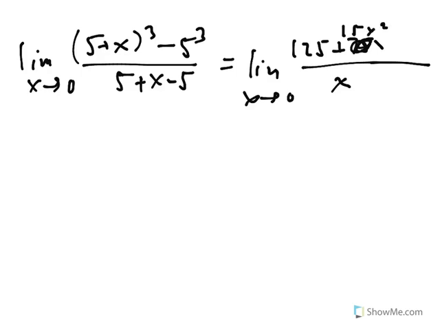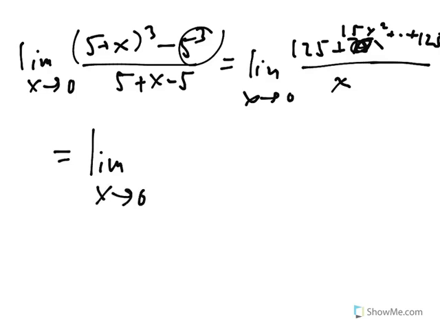And there's going to be other terms, although I'm not going to write them right now because I'm going to put this minus 125 here, and I'll show you why it's not necessary for me to expand the entire numerator in such detail.